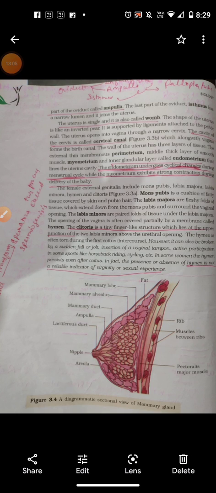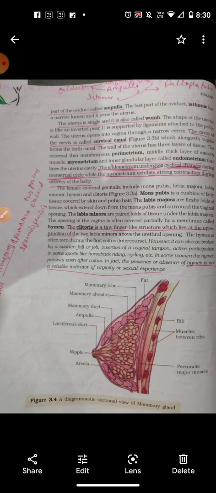The vaginal opening is partially covered by a thin ring of tissue called the hymen, and it often tears during the first coitus, but it can also be torn during vigorous physical activity like some sports, horse riding, sudden fall or jolt. In some women it persists even after coitus. Hence, the presence or absence of the hymen is not a reliable indicator of virginity or sexual experience.